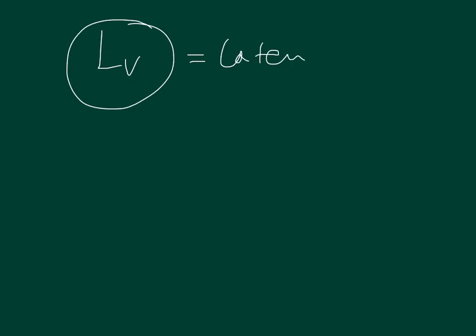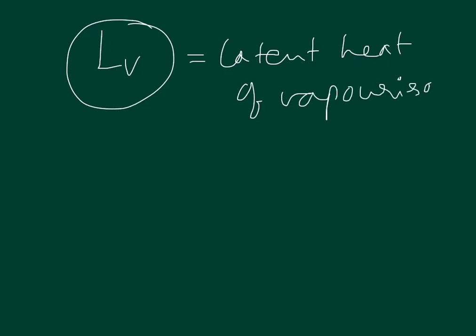Now let us observe the next one. Here I want to discuss latent heat of vaporization. What does latent heat of vaporization mean? When we use this concept, during conversion of one state to another state, that is latent heat. What conversion here?